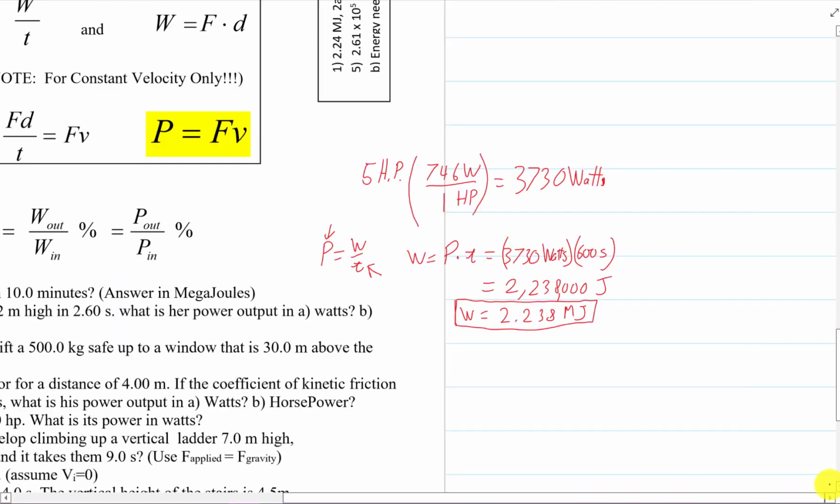So 1 kilowatt times an hour is 1,000 watts times 3,600 seconds. So this is equal to 3,600,000 watt seconds. Well, what's a watt second?